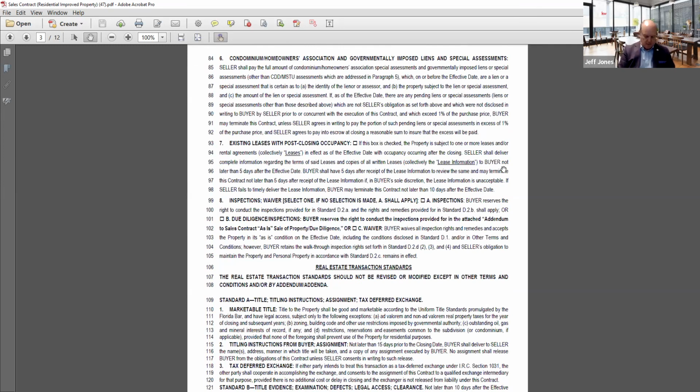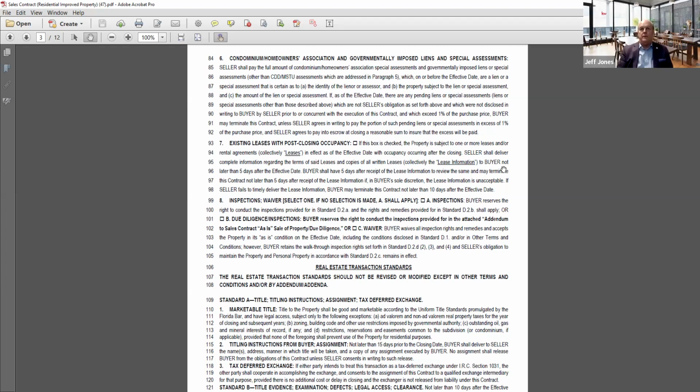They can inspect the property, and we won't get to that today, to find defective items and ask the seller to address the defective items, either by repair, or the buyer can decide to take it as is, and now the contract becomes an as is contract.